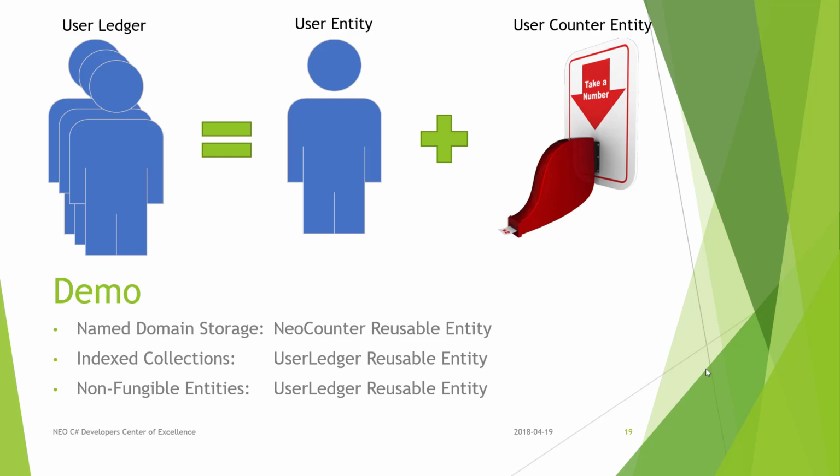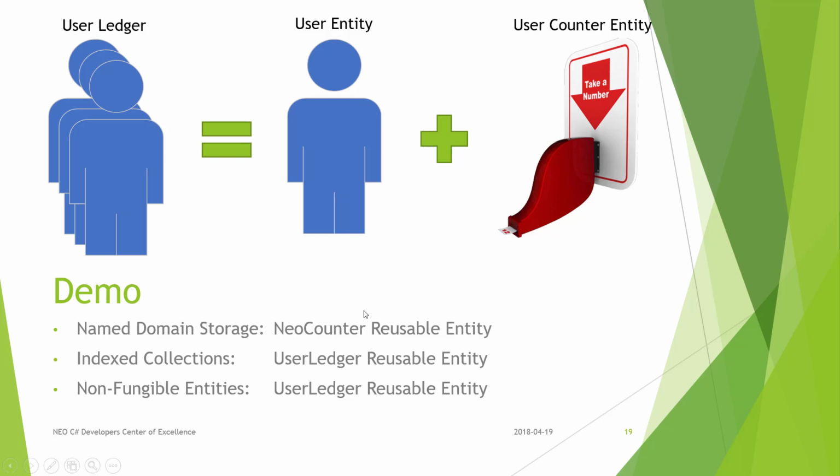The ability to have the external interface for a smart contract being composed of multiple standards, such as the NEP-5 standard plus, let's call it the NEP-1234 standard. But in terms of the internal implementation, we're going to see that once you start using reusable entities, it becomes very easy to compose the actual implementation of a smart contract.